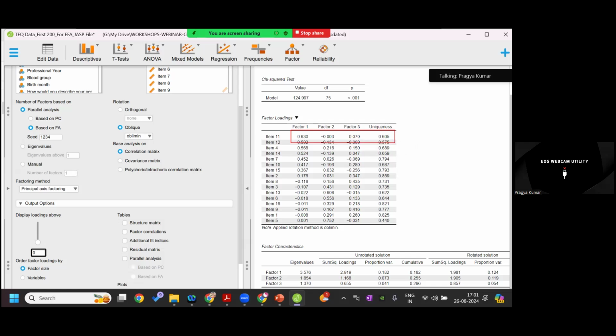You remember that equation where I have written that item I1 is equal to lambda 1 F1.